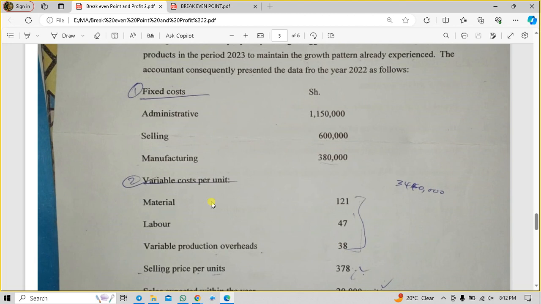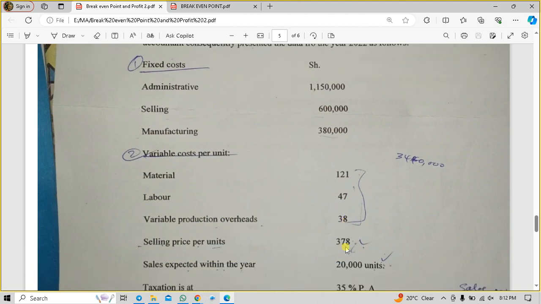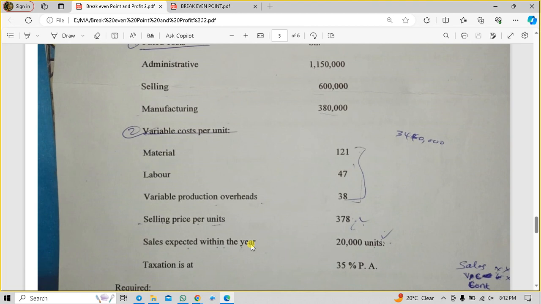So material cost we are told is 21 shillings for 1 unit. Labor 47 shillings for 1 unit. Variable production overheads 38 for 1 unit. Then you have the selling price per unit also and you also have the sales expected within the year 20,000 units.